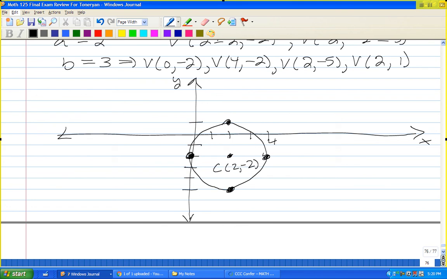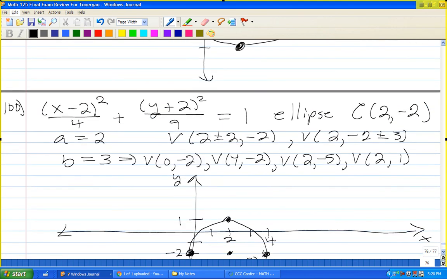So this is going to be 4. That's a negative 2. That's 2. And that's 5. And that's a 1. Okay. And those are my vertices of my ellipse.